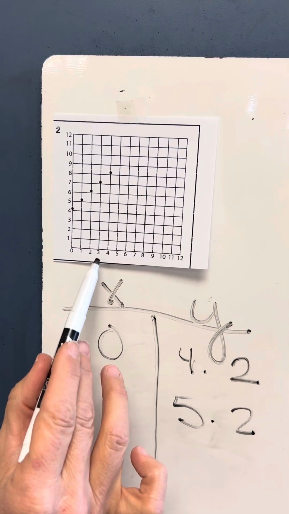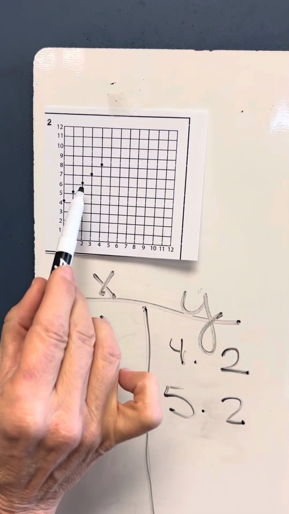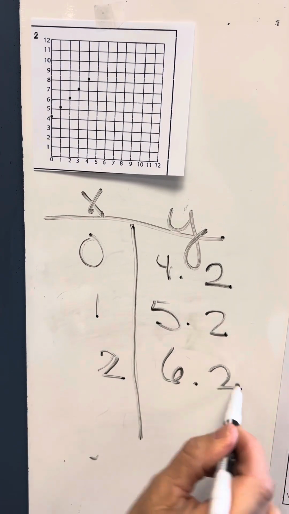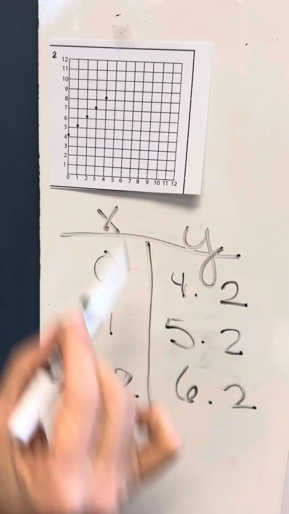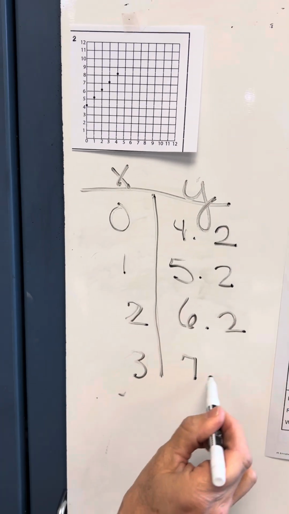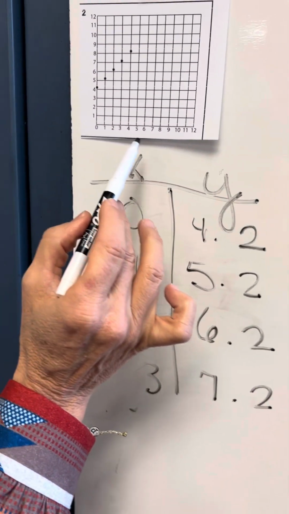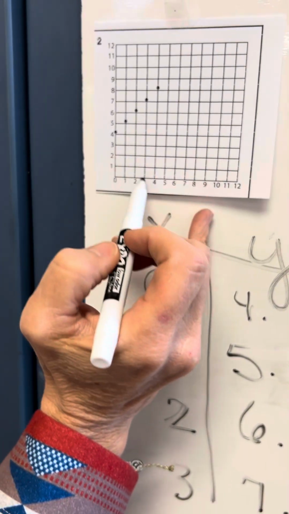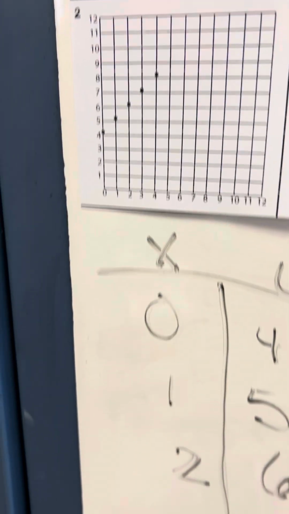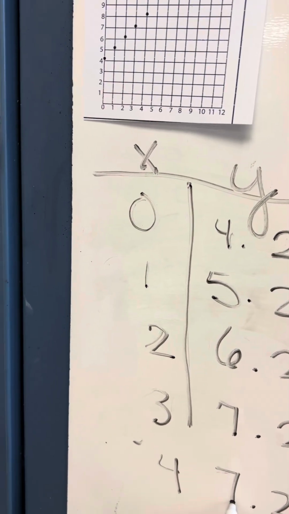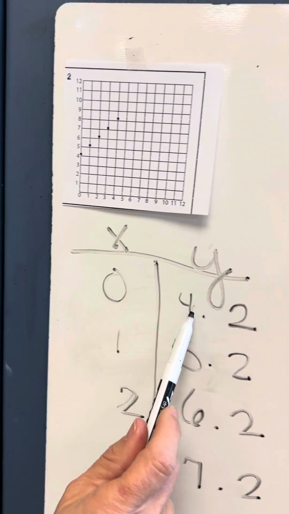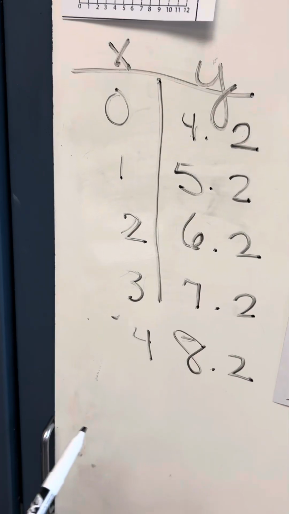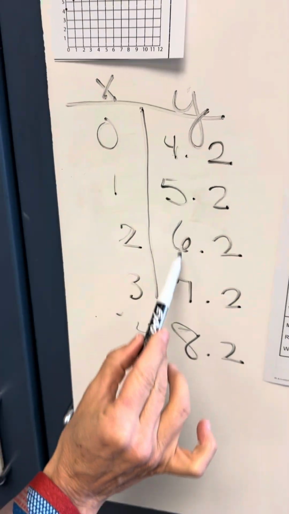Then we have 2 and 6.2, 3 and 7.2. The fourth coordinate is 4 and 7.2.